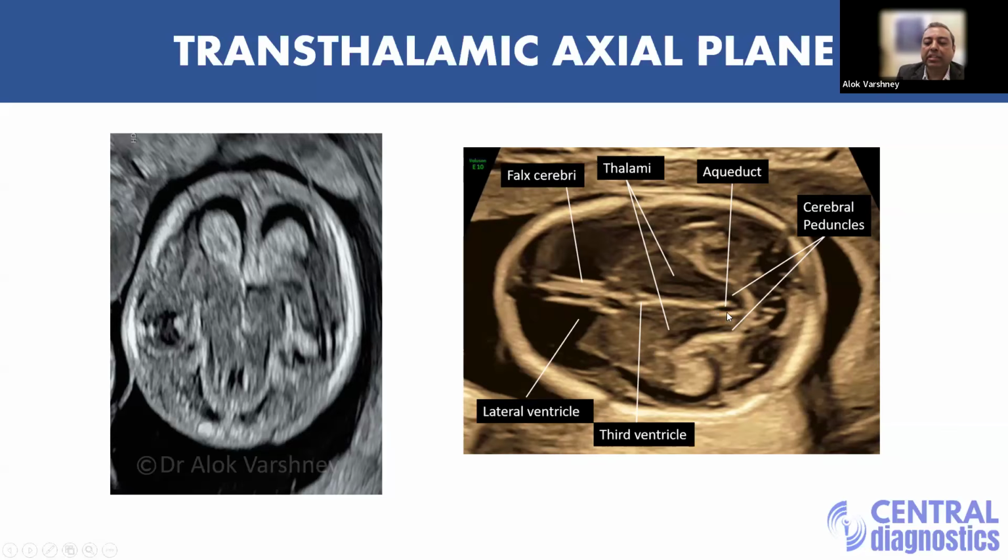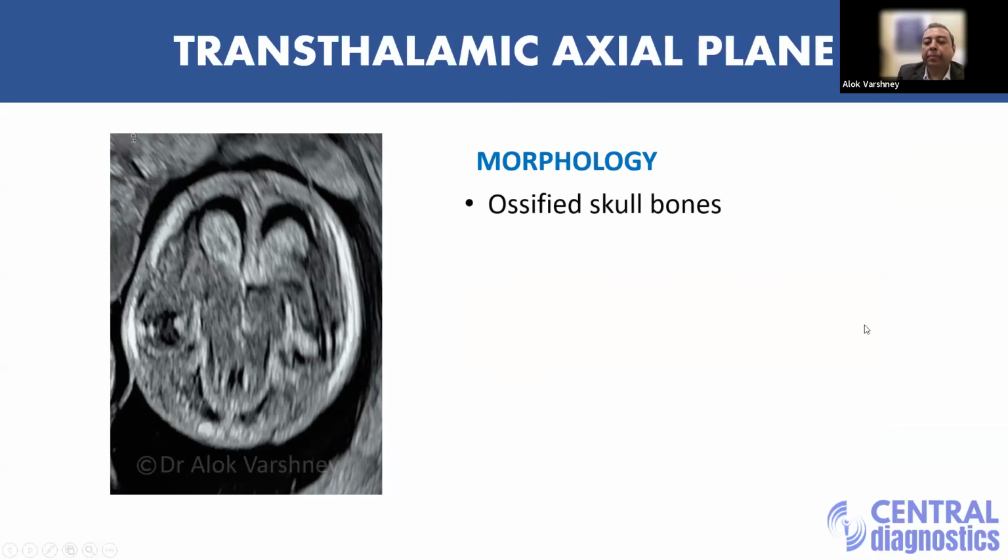That's the aqueduct of Sylvius. The third ventricle is visible in this plane. It is very small, it's very thin, and that's the third ventricle. Also notice that this cerebral peduncle, the midbrain, is at a certain distance from the occipital bone. This distance is very, very significant, and we are going to see why.